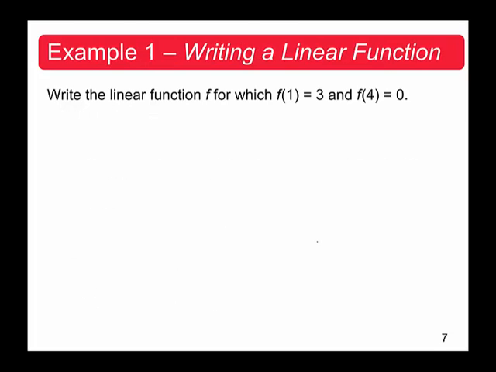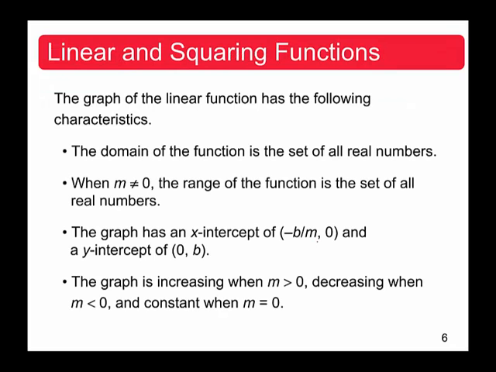And now let's take a look at the typical domain and range. The domain of the linear function is all real numbers. You can also say in interval notation, negative infinity to infinity. When the slope is not equal to 0, meaning it's either going up or going down, the range of the function is all real numbers.